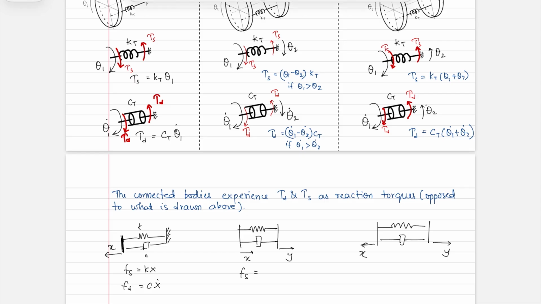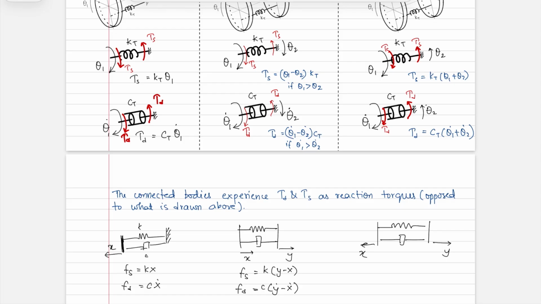Here, fs was equal to k times y minus x, with it being tensile if y is greater than x, and it being compressive if x was greater than y, in which case the force would be k times x minus y. And fd was c times y dot minus x dot if y dot was greater than x dot.